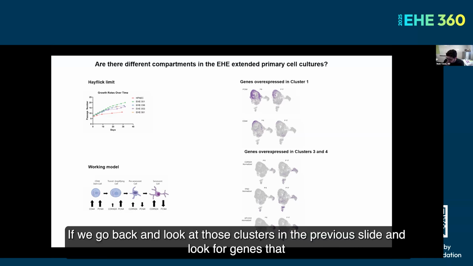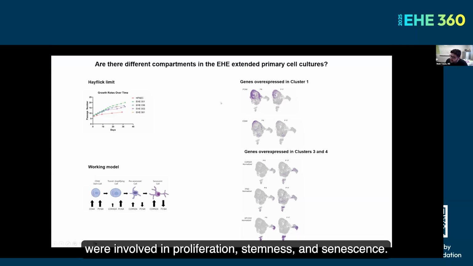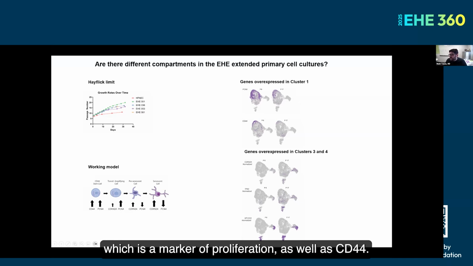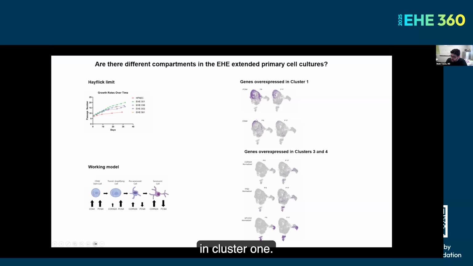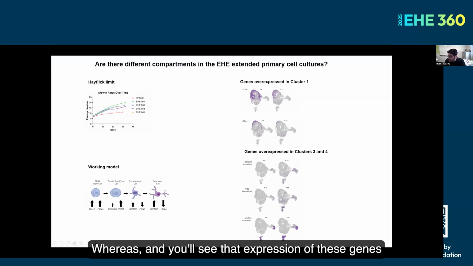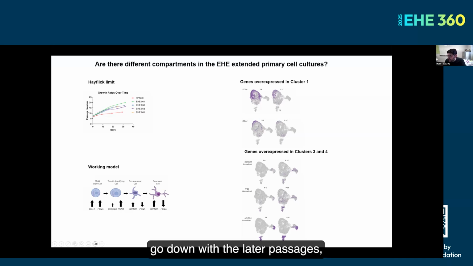If we go back and look at those clusters in the previous slide and look for genes that were involved in proliferation, stemness, and senescence, you'll see that in cluster 1, there is an increase in expression of PCNA, which is a marker of proliferation, as well as CD44. There was also increased expression of LIF, which I'm not showing here, that was also enriched in cluster 1. So this suggests that there's perhaps a proliferative stem cell-like compartment in this extended primary cell culture, and you'll see that expression of these genes goes down with the later passages.